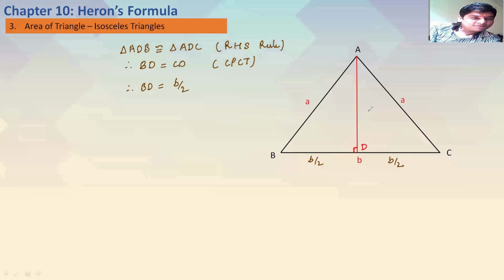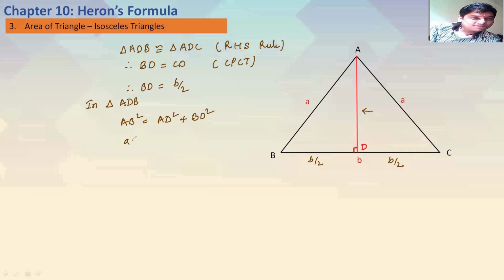Now we want to find out the height, because the most basic formula that we know for the area of a triangle is half into base into height, right? So how can we find out the height now? Now we use the Pythagoras theorem. Absolutely. In triangle ADB, AB squared is equal to AD squared plus BD squared.